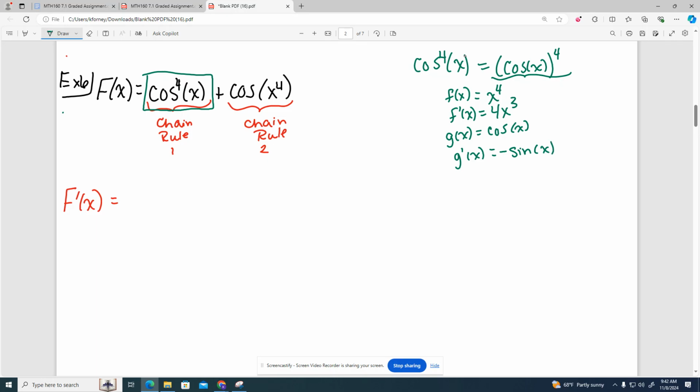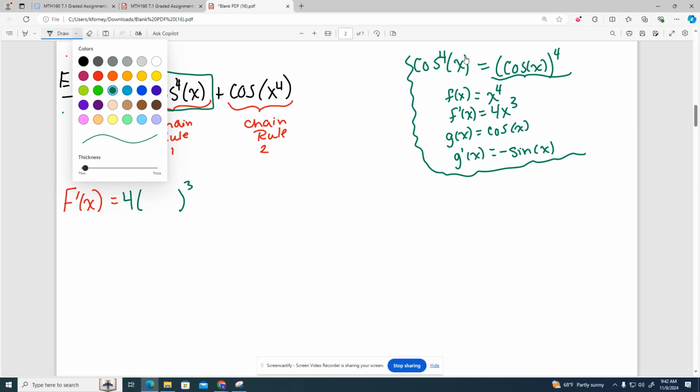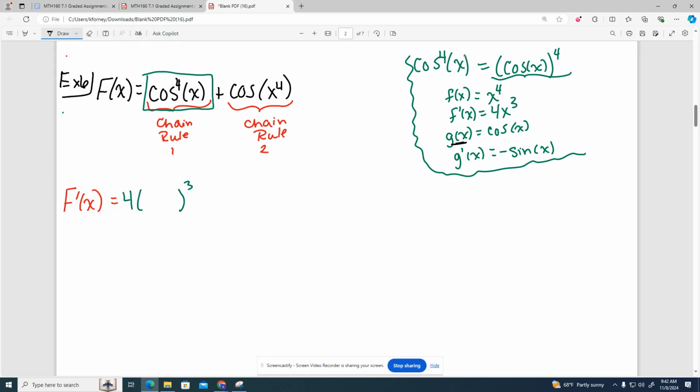So, as we are doing this part, chain rule 1, that's going to become the derivative of f composed with g of x, which is cosine x, multiplied by negative sine x.